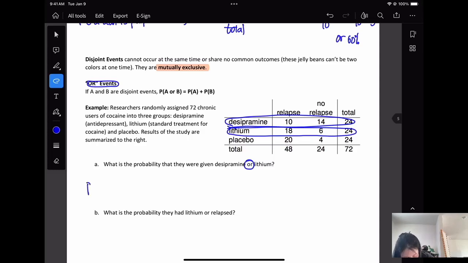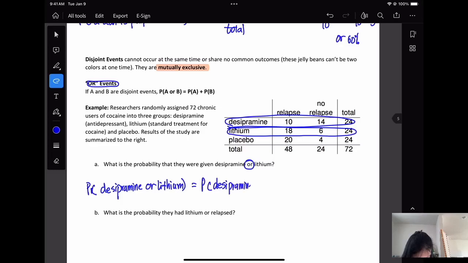So the probability of people given Zipamine or lithium equals the probability of Zipamine plus the probability of lithium.